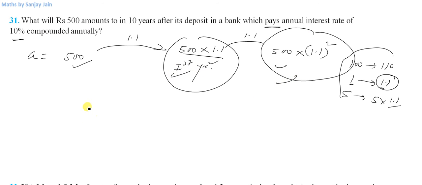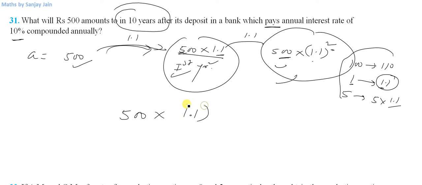I want to find the term that will be at the end of 10 years. At the end of 1 year it is 500 into 1.1. At the end of 2 years it is 500 into 1.1 squared. At the end of 10 years it will be 500 into 1.1 raised to power 10.